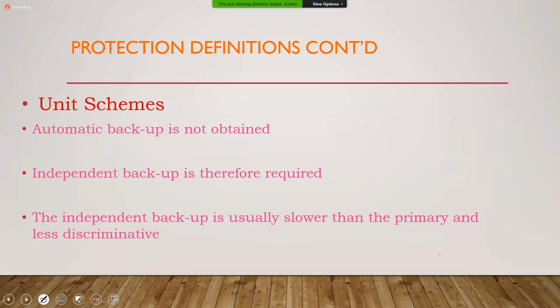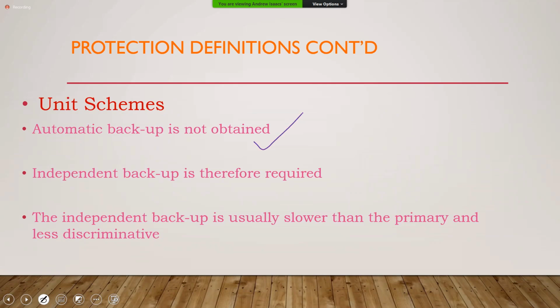So for your unit schemes, remember I said that you can protect just your transformer, just your generator. You have to go there and set up backup. As an example, your primary protection for your power transformer is differential protection.